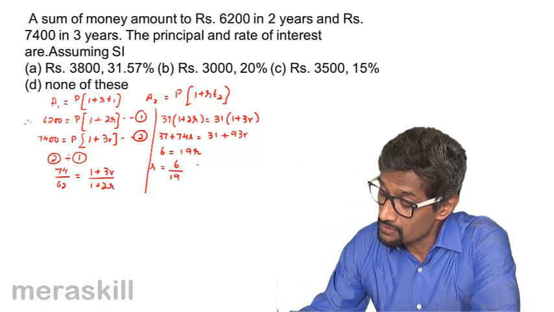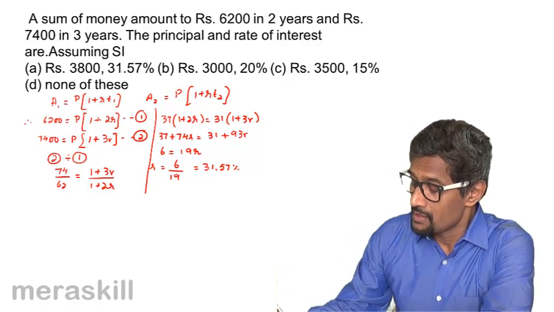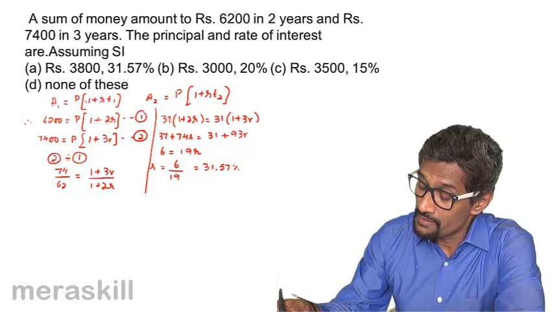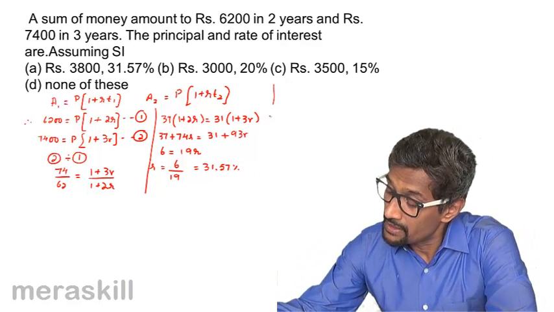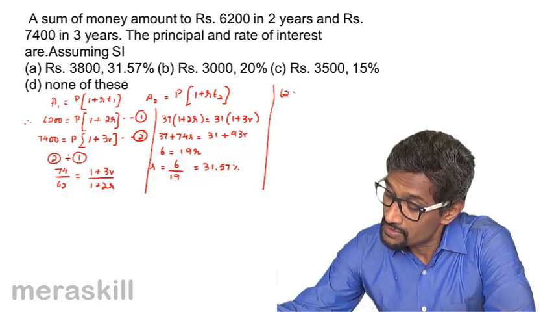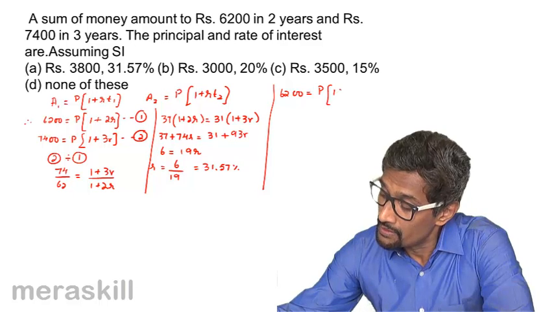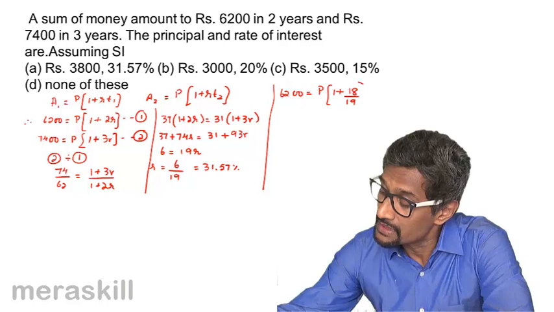So roughly, it works out to be around 31.57%. So it roughly turns out to be 31.57. Let's substitute this value in any of the equations. So maybe we can put it as, therefore, 6,200 is equal to P into 1 plus 3R, that is 18 by 19.